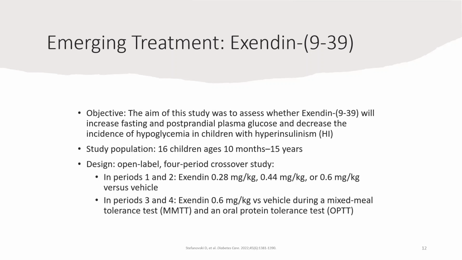In periods 3 and 4, a subset of 8 subjects received Exendin 0.6 milligram per kilo versus vehicle during a mixed meal tolerance test, or MMTT, and an oral protein tolerance test, or OPTT.